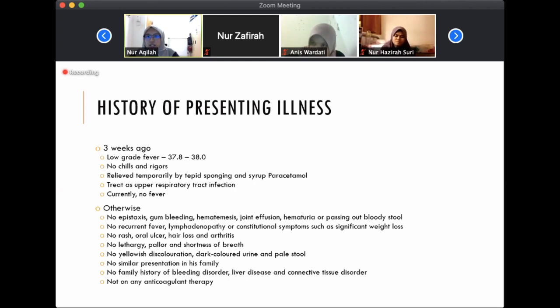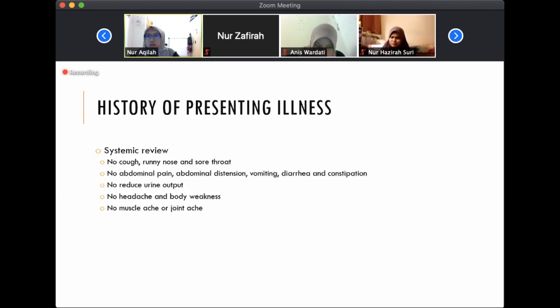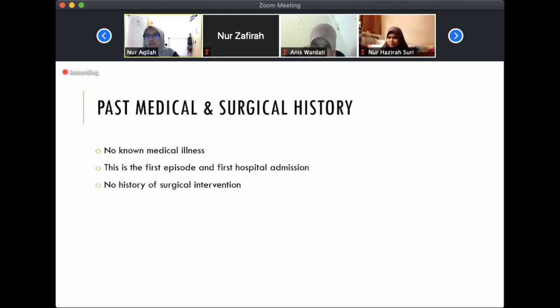There is no similar presentation in his family, and no family history of bleeding disorder, liver disease, and connective tissue disorder. The child was not on any anticoagulant therapy. The systemic review was unremarkable. For past medical and surgical history, the child had no known medical illness.